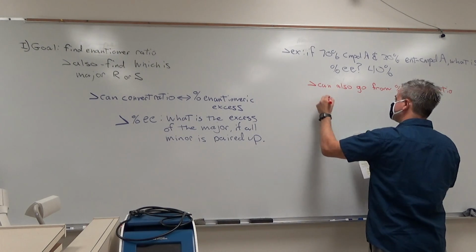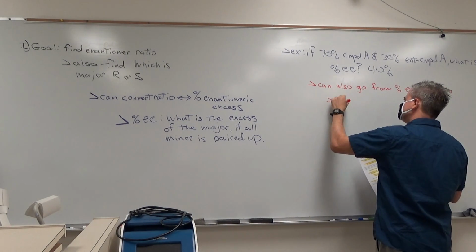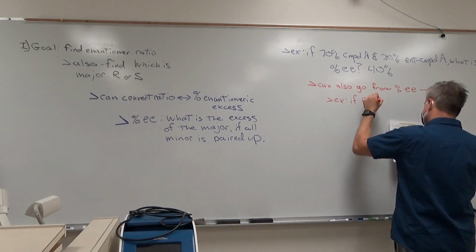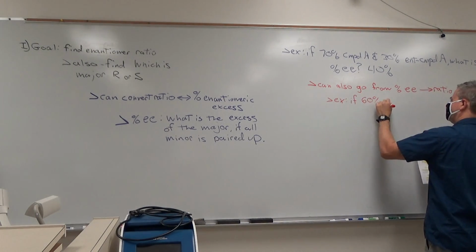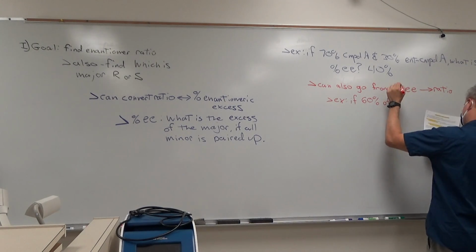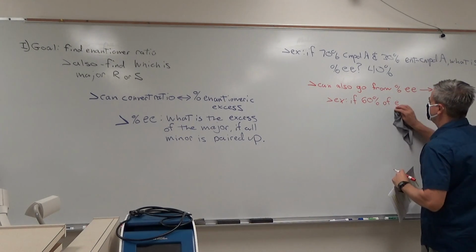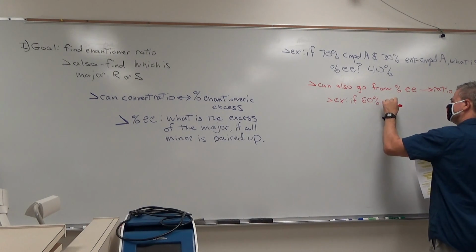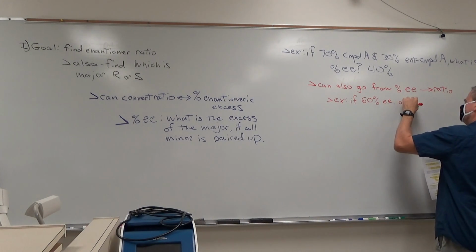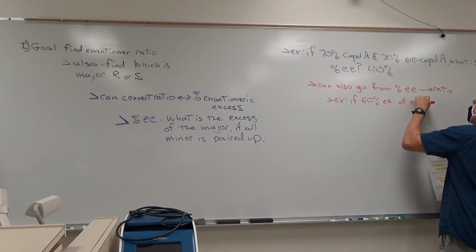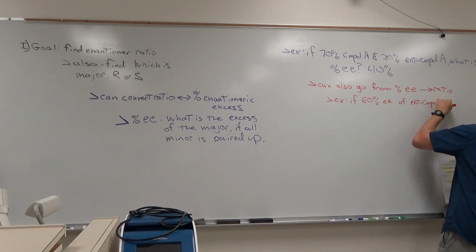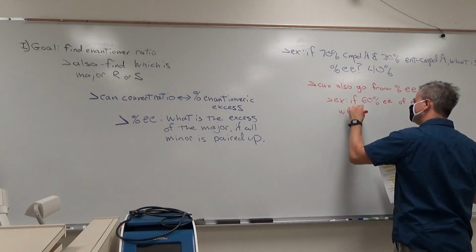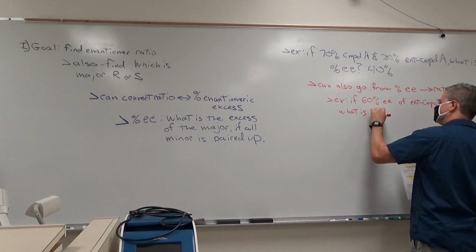Example: if you have 60%, or 6% EE, sorry, of ent compound A, what is the ratio?